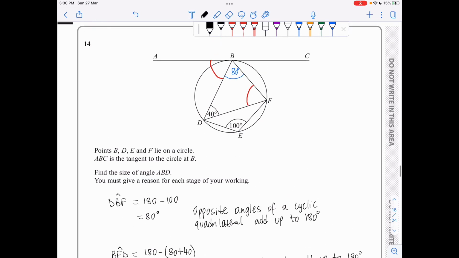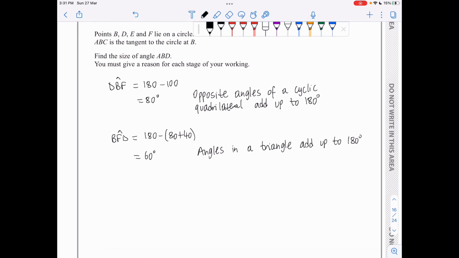And now that I know that this is 60, I keep updating my diagram as always. I notice that this being a tangent and the chord here, we've got the alternate segment theorem. The angle ABD and the 60 here are equal. So ABD is 60 degrees, and the reason is alternate segment theorem.